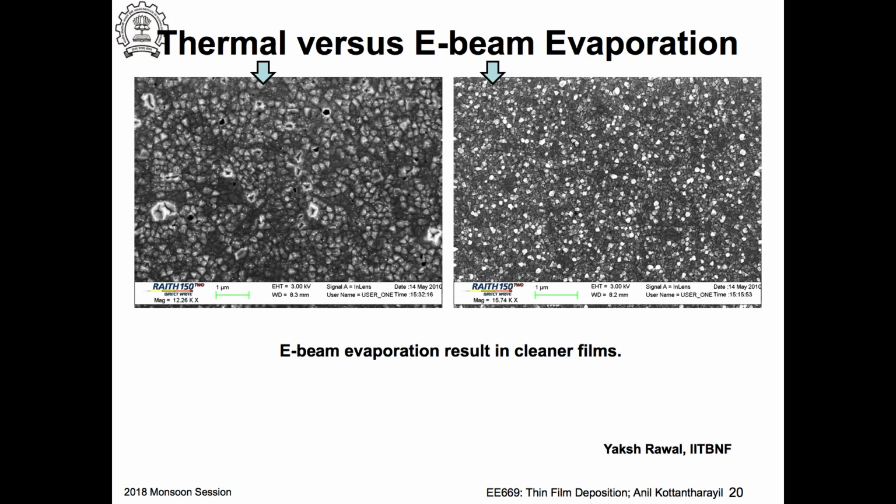Yeah, these are small crystallites of aluminum. This is 1 micrometer, so they will be maybe 100 nanometers, something in that range, right? And what else do you see in these images?